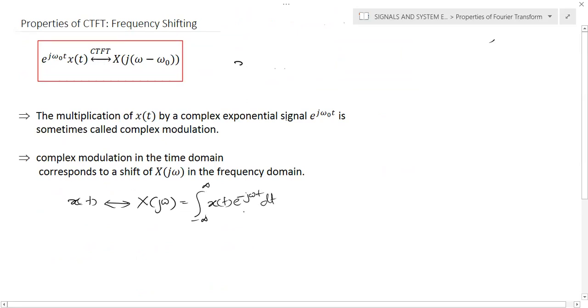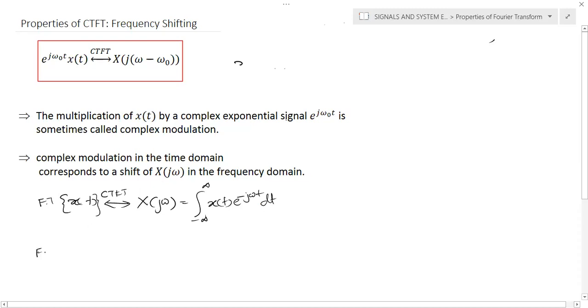This is the mathematical expression to find the Fourier transform of the signal x of t, represented as x of j omega. So this is the continuous time Fourier transform.